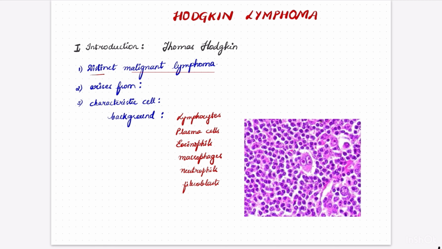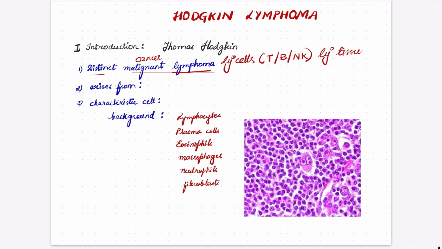Malignant means it is cancer, and lymphoma means cancer of lymphoid cells. Lymphoid cells include T cells, B cells, or the natural killer cells present in the lymphoid tissues.